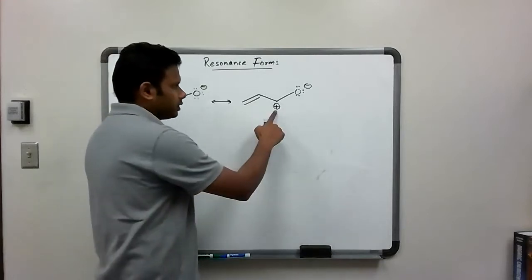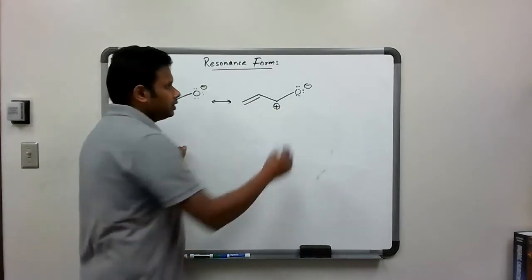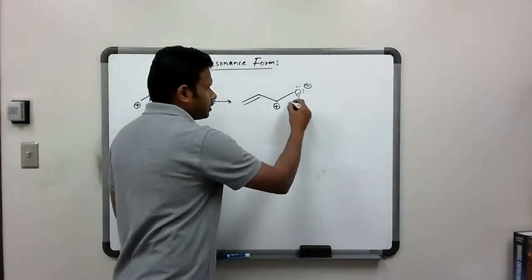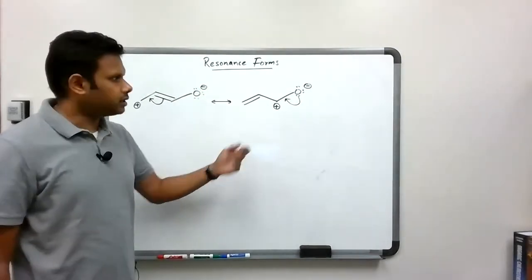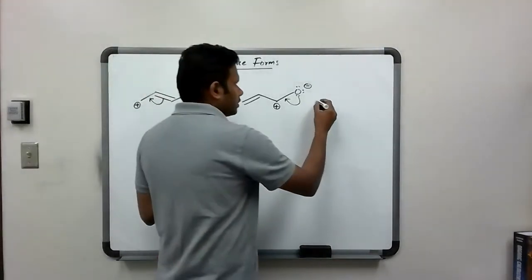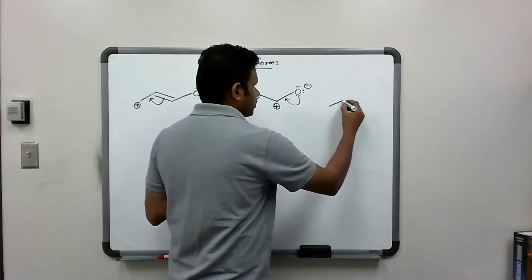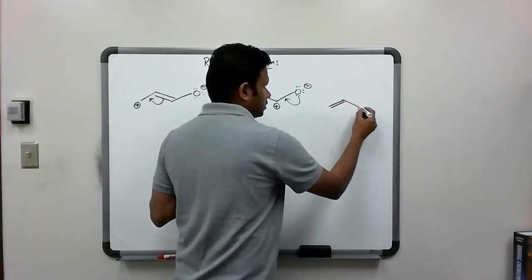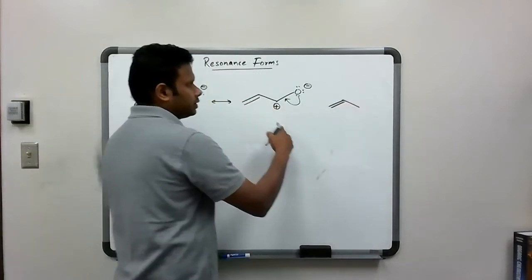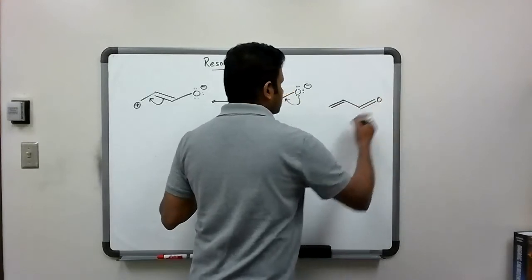So now we have a carbon with a positive charge with a lone pair next to it. And so the way we do resonance is we take a lone pair and we drop it down. Okay, so this is the second criteria that we discussed. And once we do this, our next resonance form is going to be a double bond between these two, a single bond between these carbons, and now a double bond between carbon and oxygen.